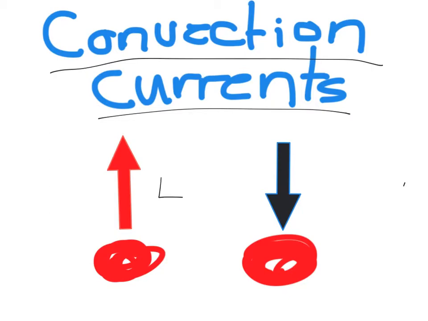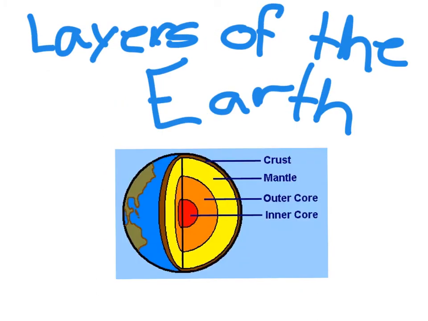And so what that creates is energy. Sorry, my writing is really bad. But anyway, it creates energy, and that is basically the engine that drives the plates, it makes them move, and so on.